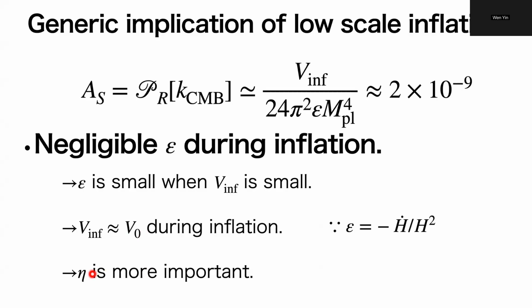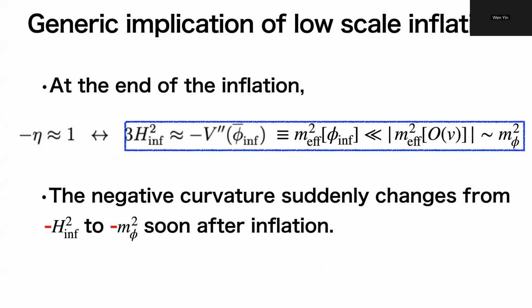The dynamics is mostly driven by the second slow-roll parameter eta, and especially the end of inflation is characterized by the violation of the slow-roll condition using the second slow-roll parameter like this. Immediately we can derive that this condition is nothing but the period when the curvature becomes as large as the Hubble scale.